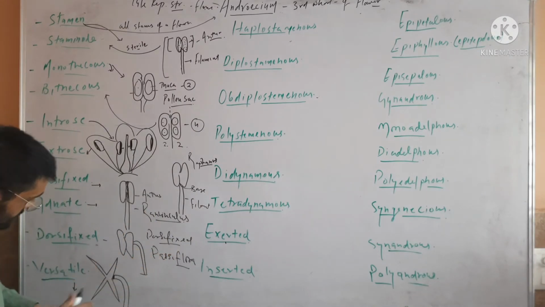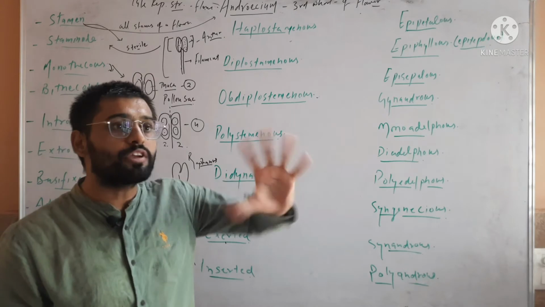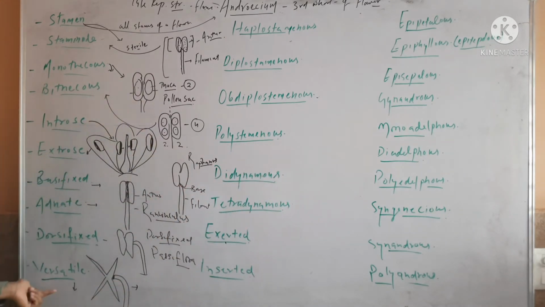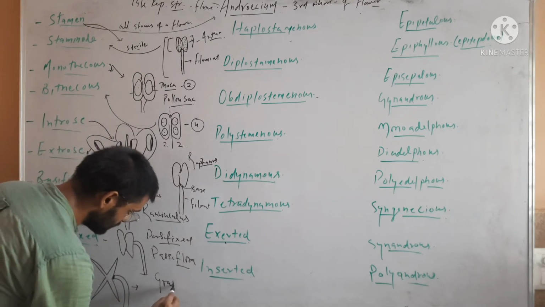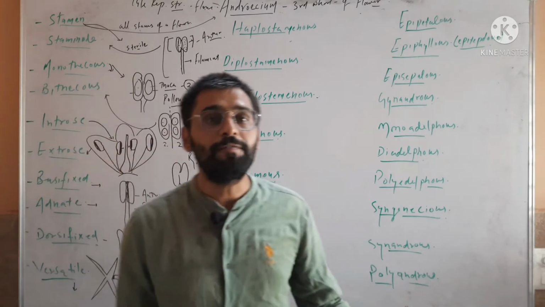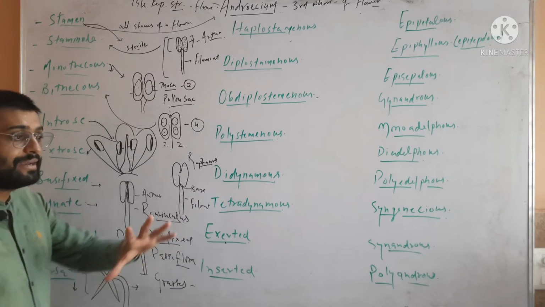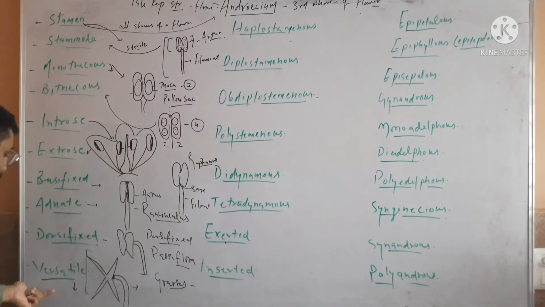So this type of attachment provides the anther a free movement, so it can swing freely in air. This type of stamen is found in grasses, in plants which have anemophilous pollination. This free movement can release more pollen in air. So this type of stamen is called versatile.